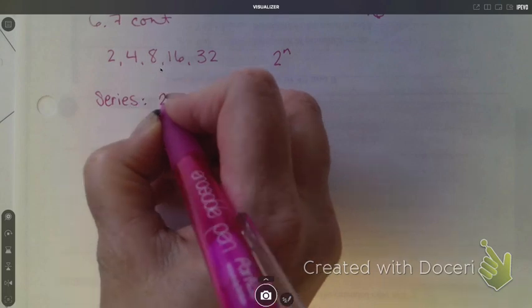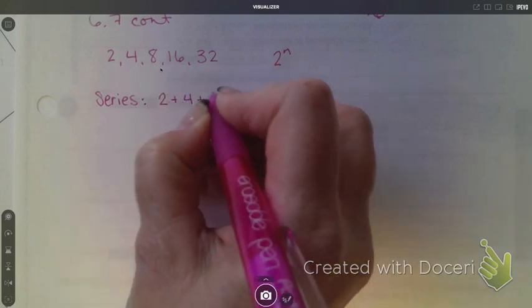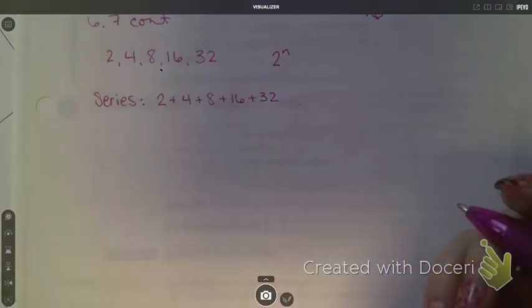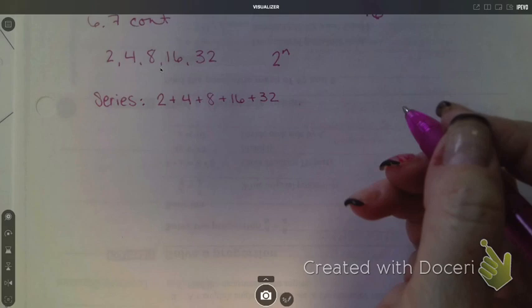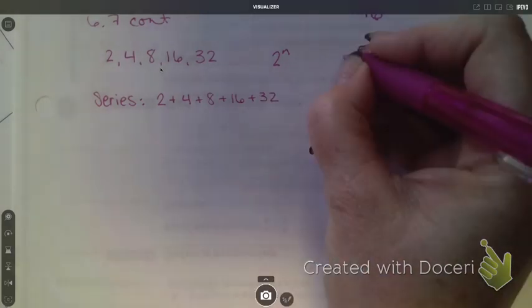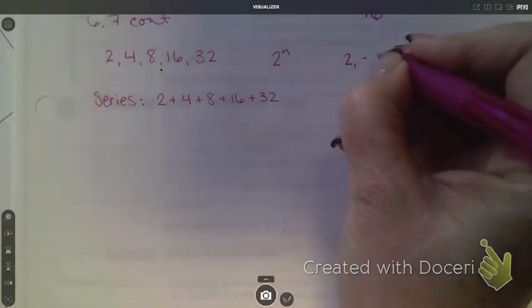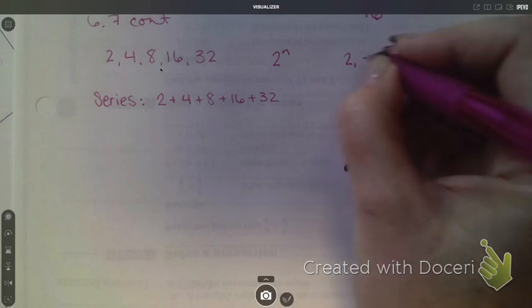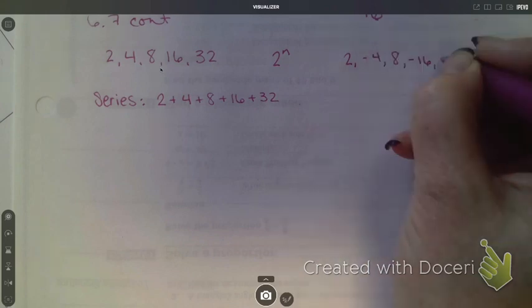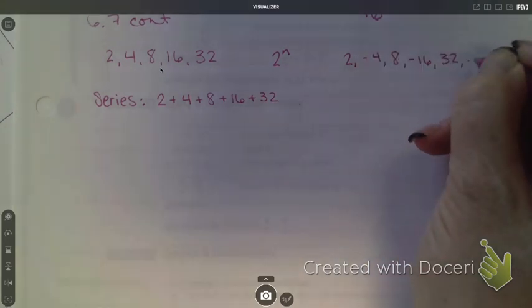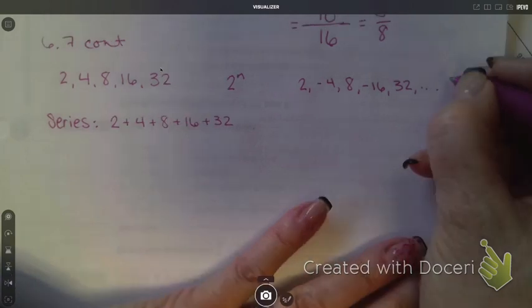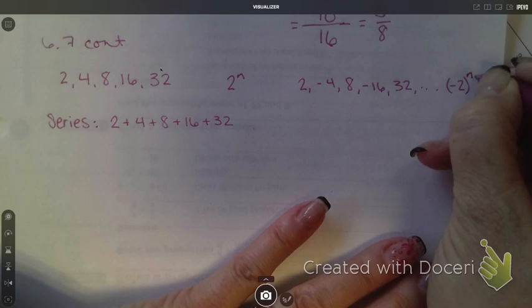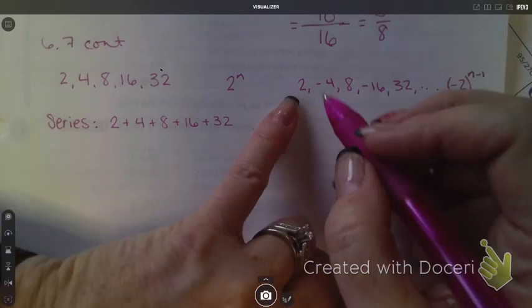when it's 2 plus 4 plus 8 plus 16 plus 32. What's the difference? I just added them. So if I had 2 minus 4, or 2, negative 4, 8, negative 16, positive 32, my series would be negative 2 to the n minus 1, actually, because if I plugged in a 1, I got a positive.